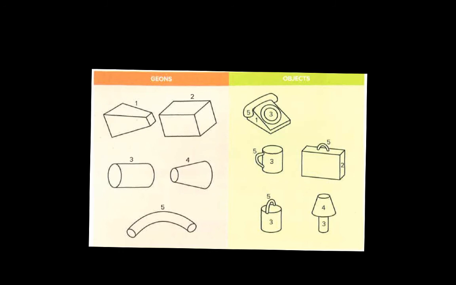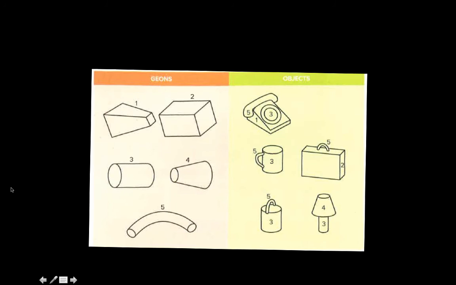But the geon theory is that in our brain we have a number of primitive shapes that we read things as. For instance, here you see a cylinder that's pinched on one end, a cubic form that's pinched on one end, a long, stretched, and perhaps bent cylinder.